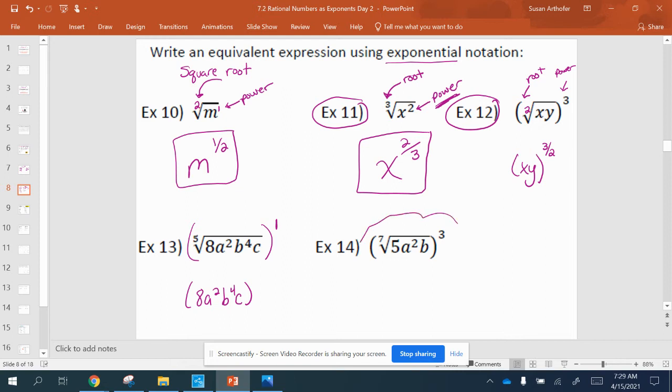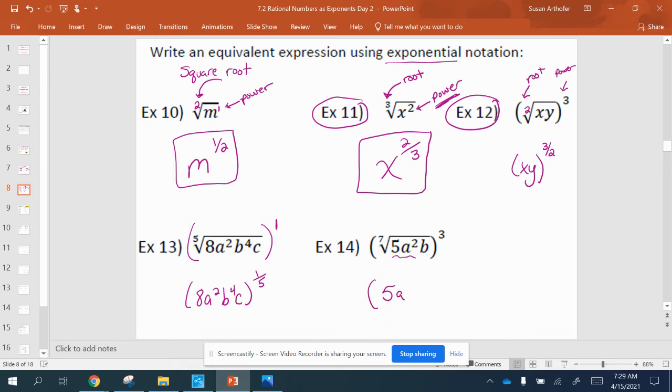When I give you a problem, I don't give you the hidden ones. I give you ones more like this on number 14, okay? But I still want to show you that this is to the first power over 5th root, just so you get reinforced about hidden things in mathematics.